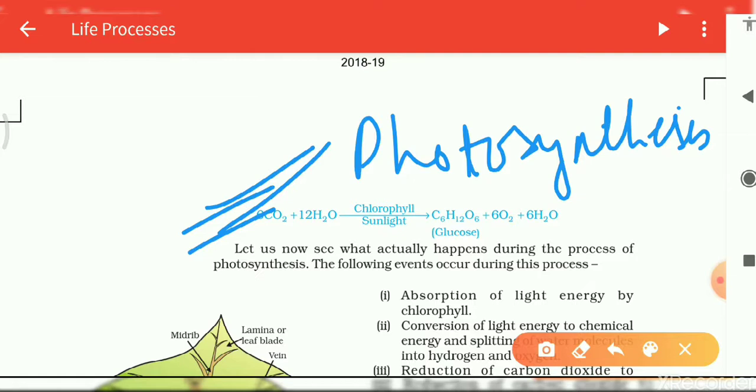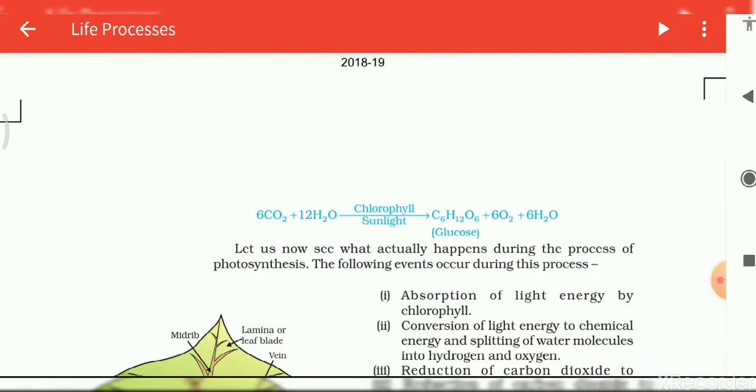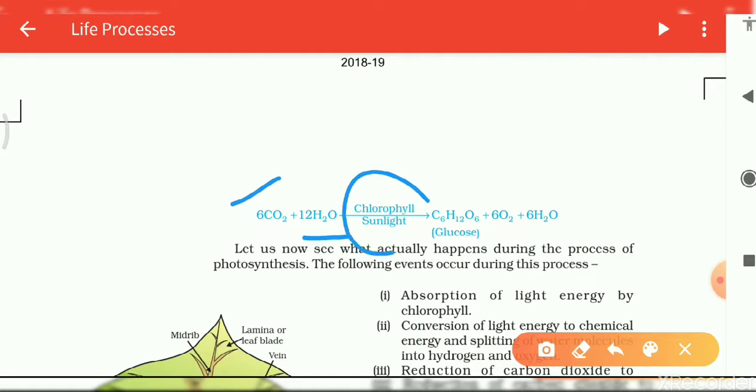Students, the plant takes carbon dioxide and water in the presence of chlorophyll and sunlight, because without chlorophyll and sunlight, plants cannot make their own food. Chlorophyll is the green pigment which is present inside the leaves, and the function of chlorophyll is that it can trap the sunlight.